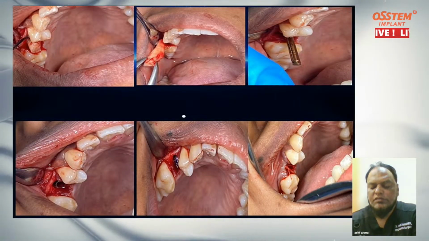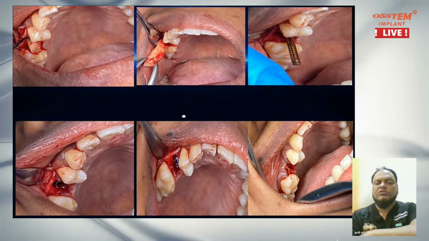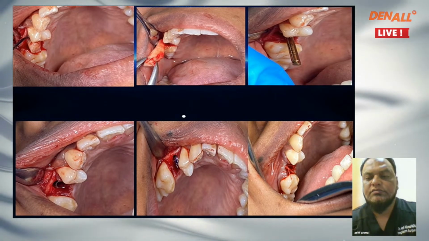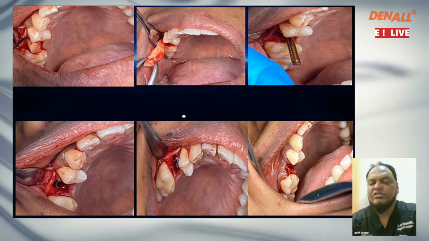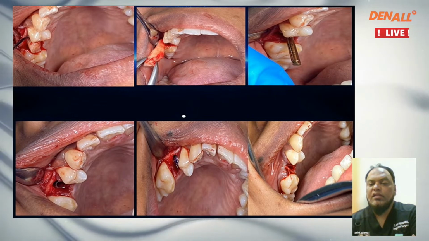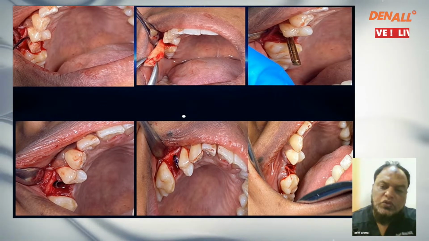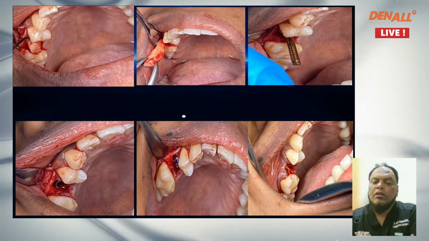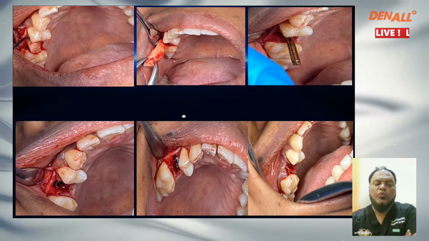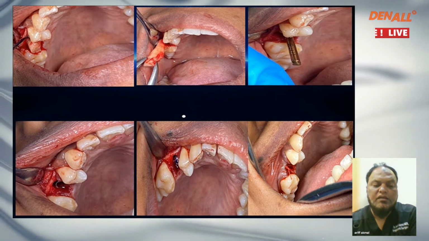Then the surgical photos. Extraction with periotomes and luxators without damaging the buccal plate, which is very, very important. Then paralleling pin. We use the drill itself as a paralleling pin, and then we place the implant.